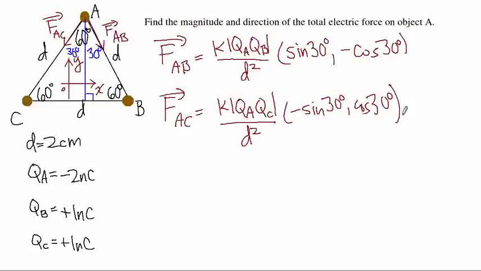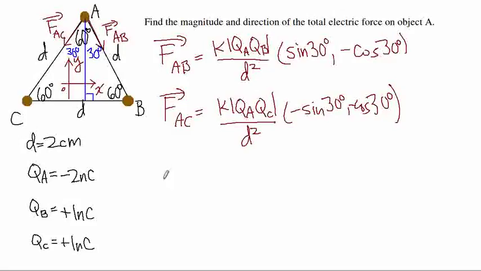Okay? When I add those vectors, notice that the sum of the X components will add to 0. Also, if I put the negative sign on the Y component, notice that the Y components of both vectors are the same.